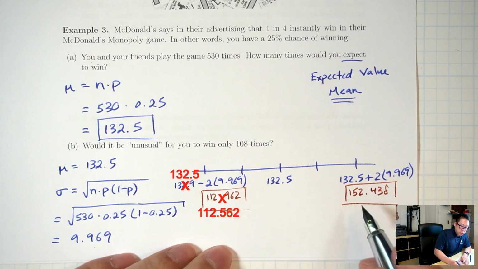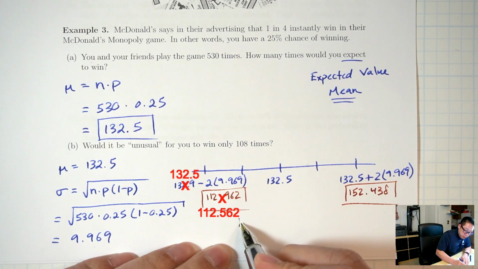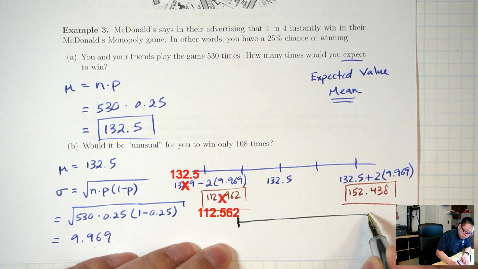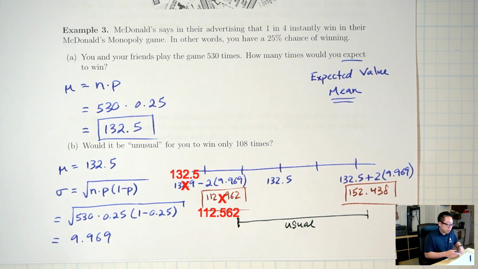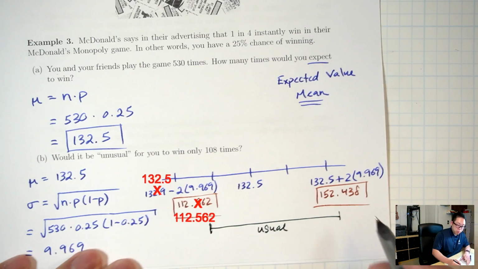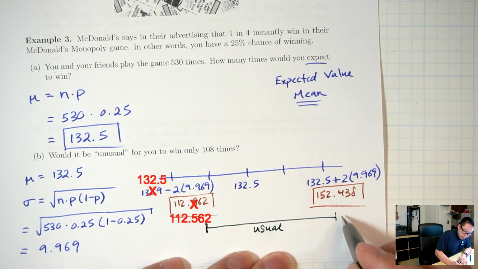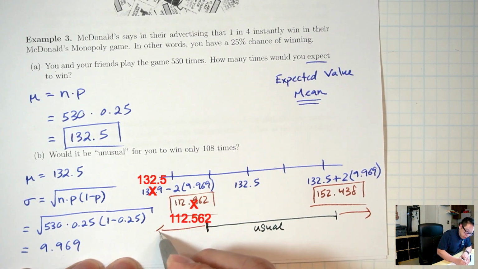So between 2 up and 2 down, that's what's considered the usual zone. And anything outside of that is considered unusual. So if you are outside of it, you are considered unusual.